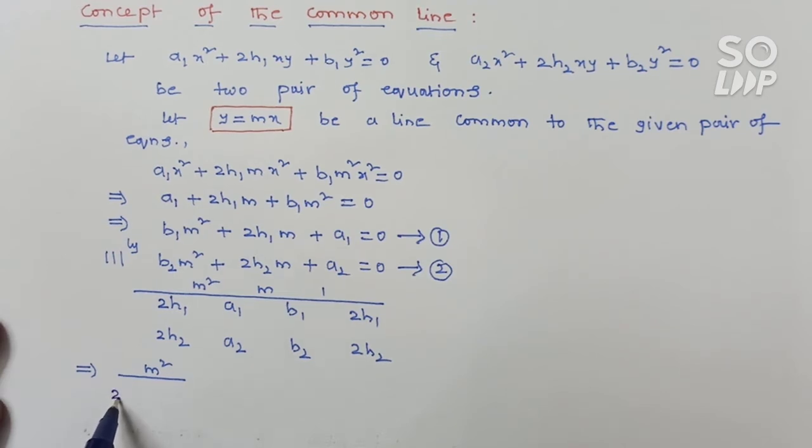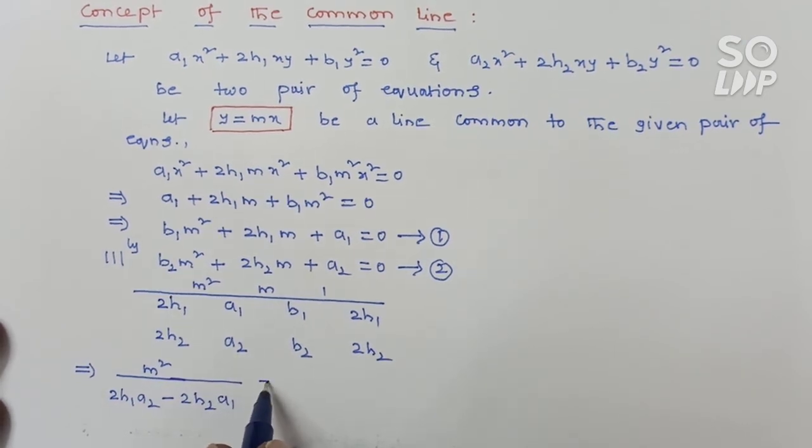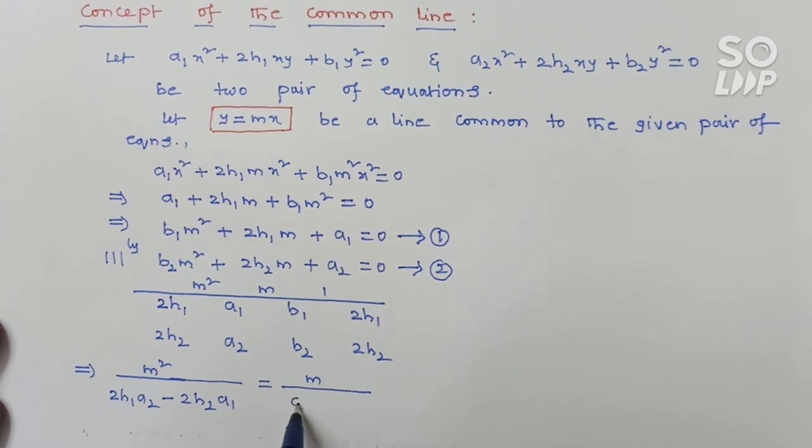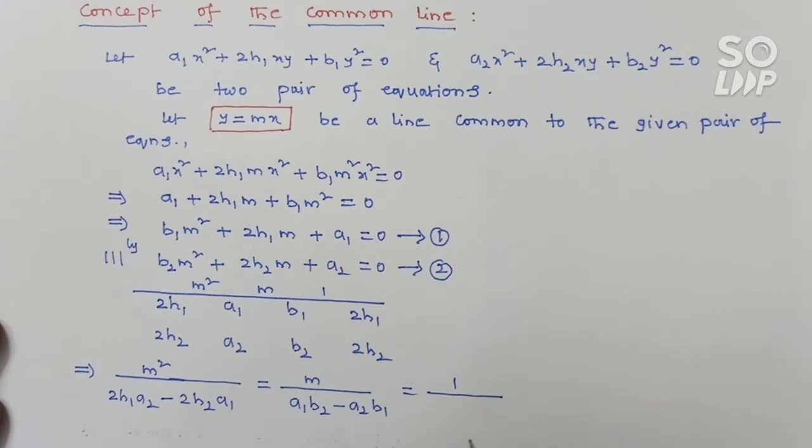So that is 2H1 into A2 minus 2H2 into A1, equals m whole divided by, you take the second and third columns, that becomes A1 into B2 minus A2 into B1, equals 1 whole divided by the third and fourth columns.